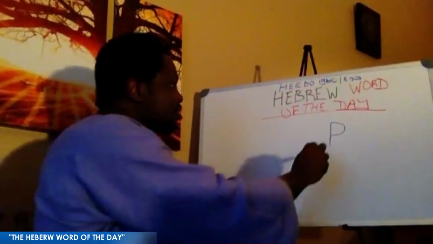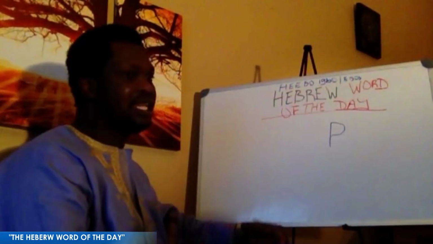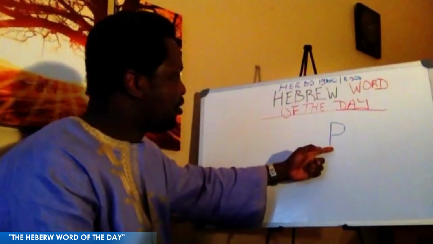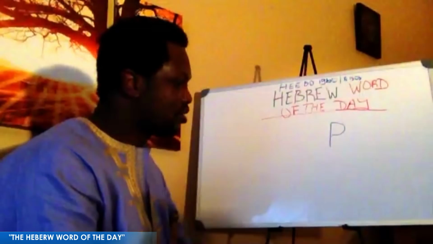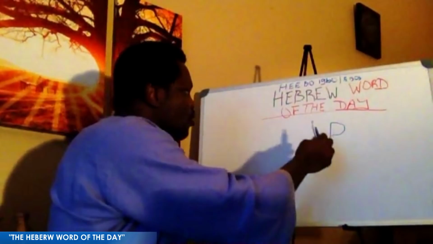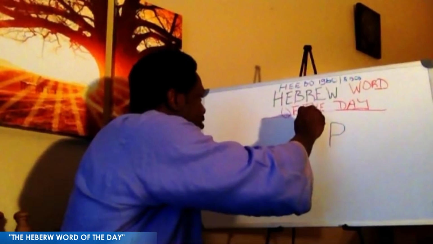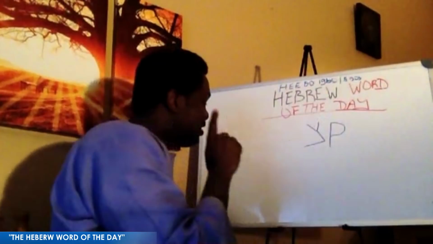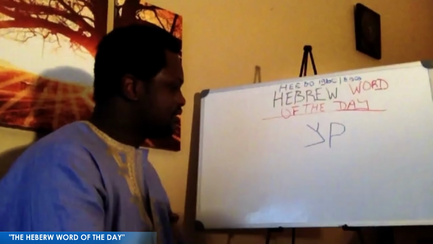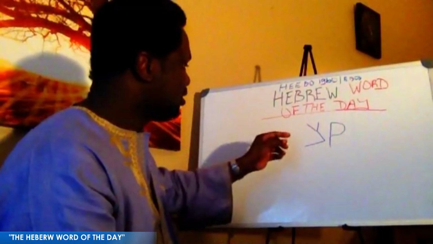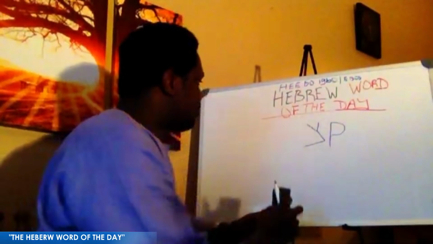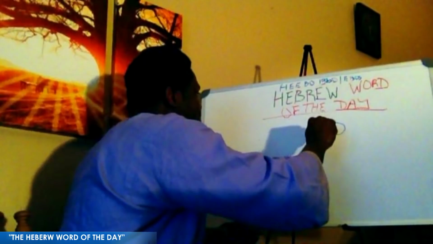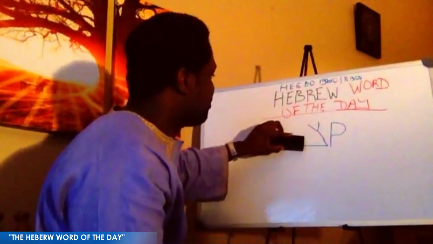Now, this is the word that we're looking at today. In light of our teaching, the harvesting of the earth, the word we're looking at, this is the kuf, or ku sound. Then you have the sadi, this is sode, if you will.